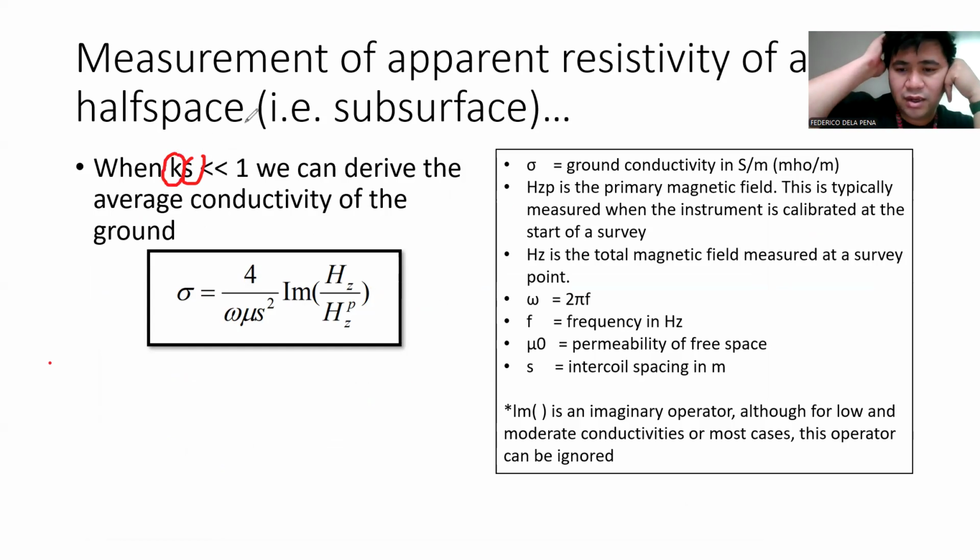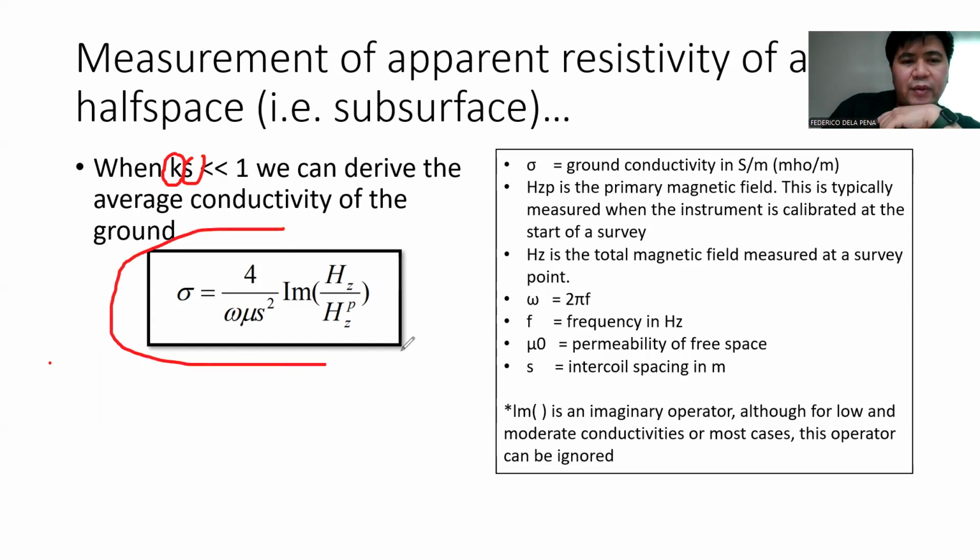For subsurface objects with low to moderate conductivity, the equation is simplified to this one, right?